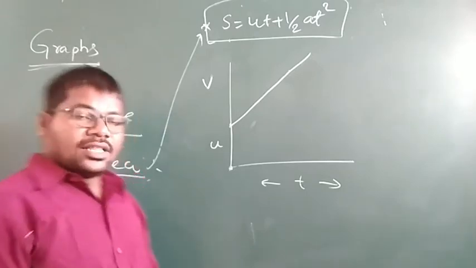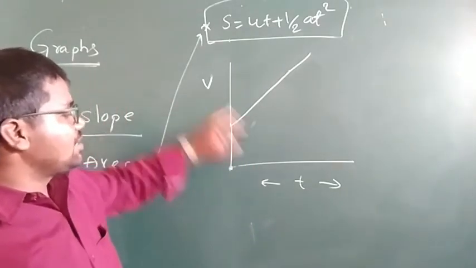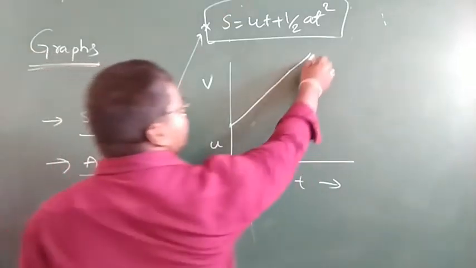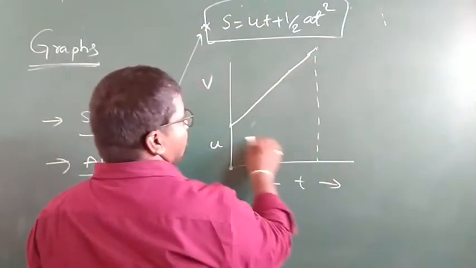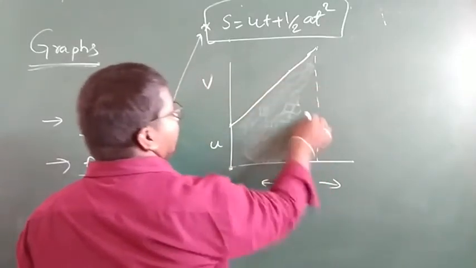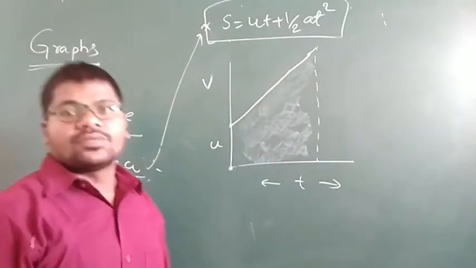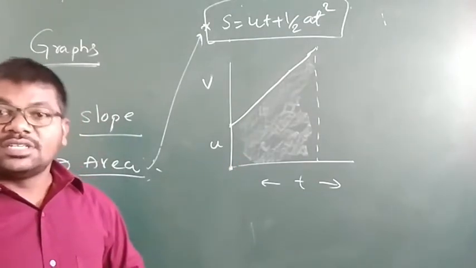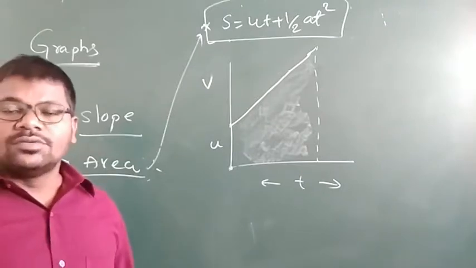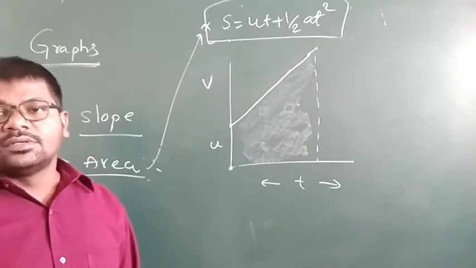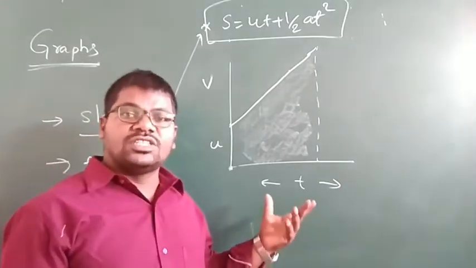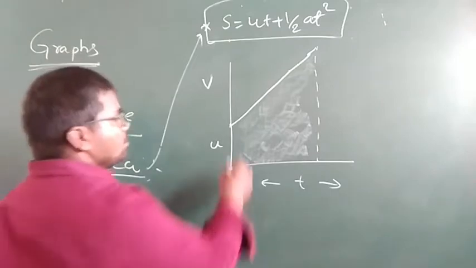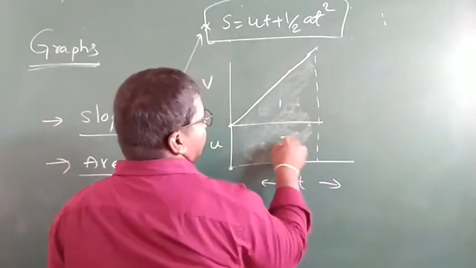In this case, the area under the velocity time graph will give displacement. Understand? See, this is okay. So this area we have to find. How can we find the shaded region? We can split it into two known parts, 1 and 2.